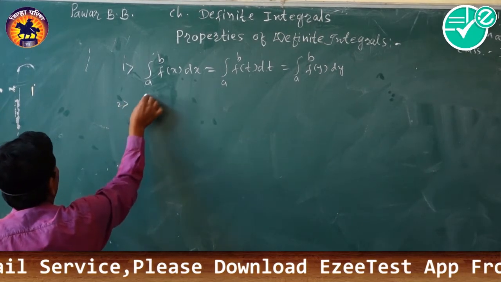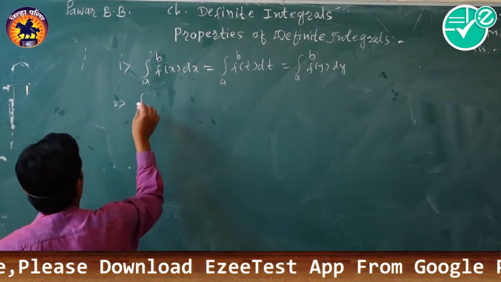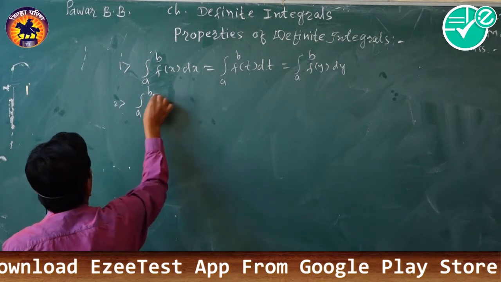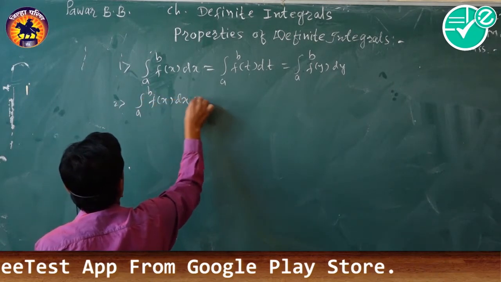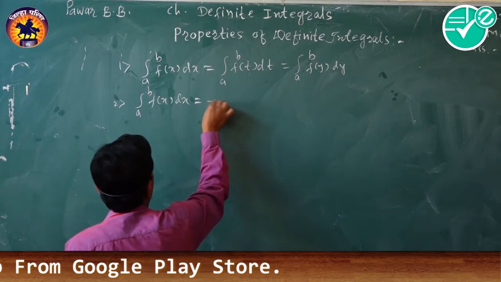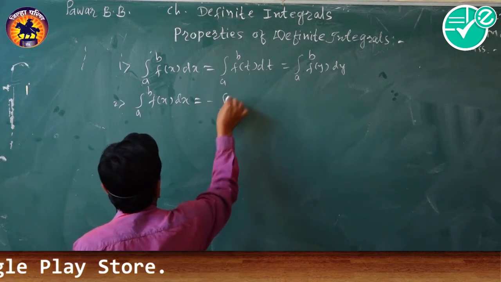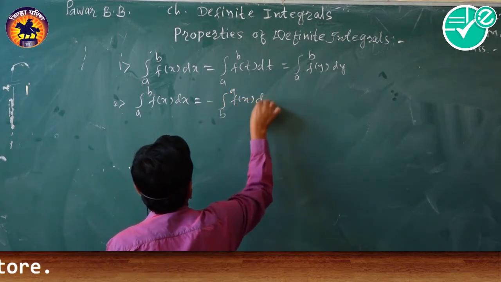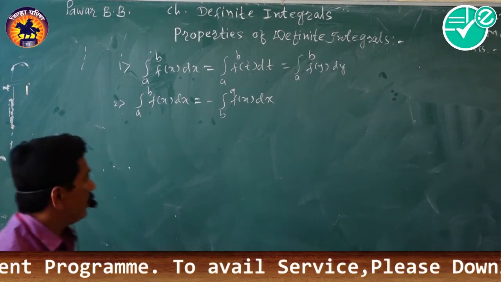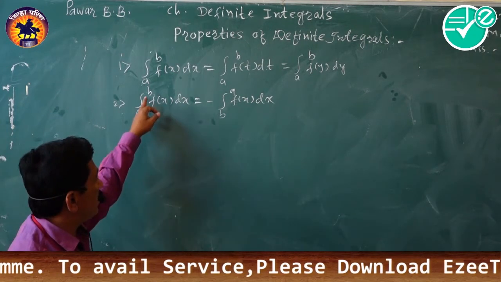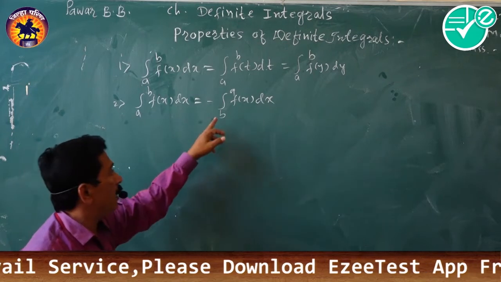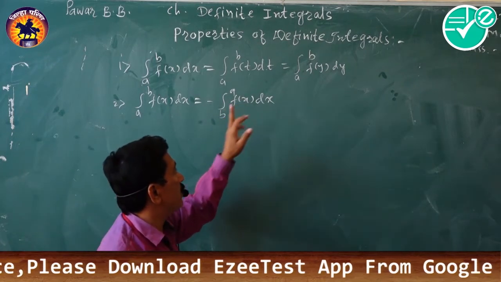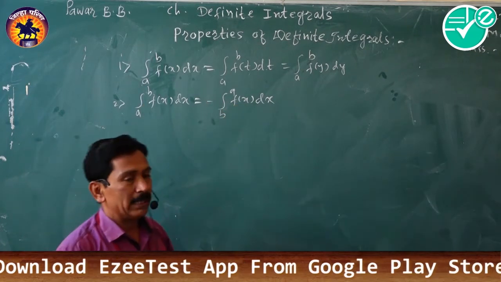Second property, integration from a to b f of x dx is equal to minus integration from b to a f of x dx. Now here the limits are a to b f of x dx, and here the limits are b to a f of x dx. Here sign plus, here minus sign.